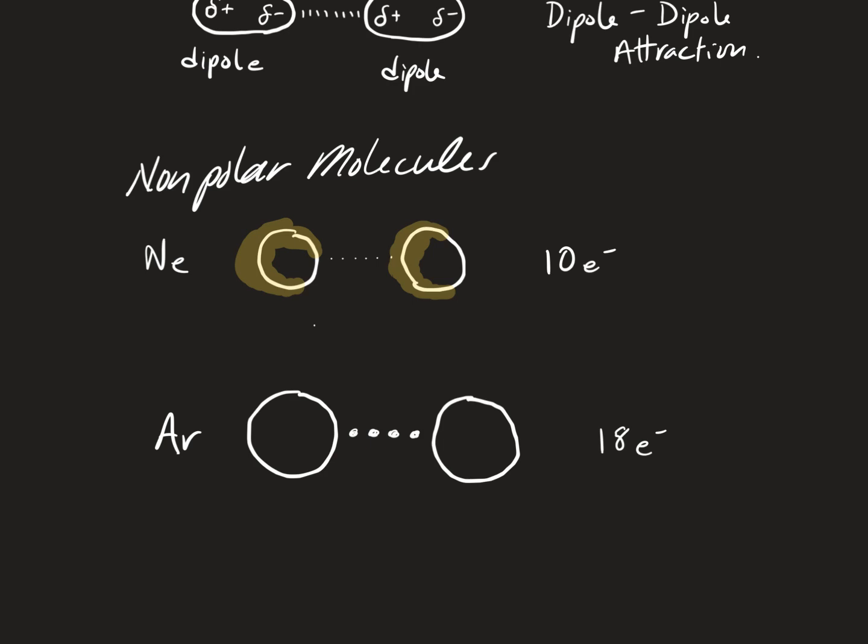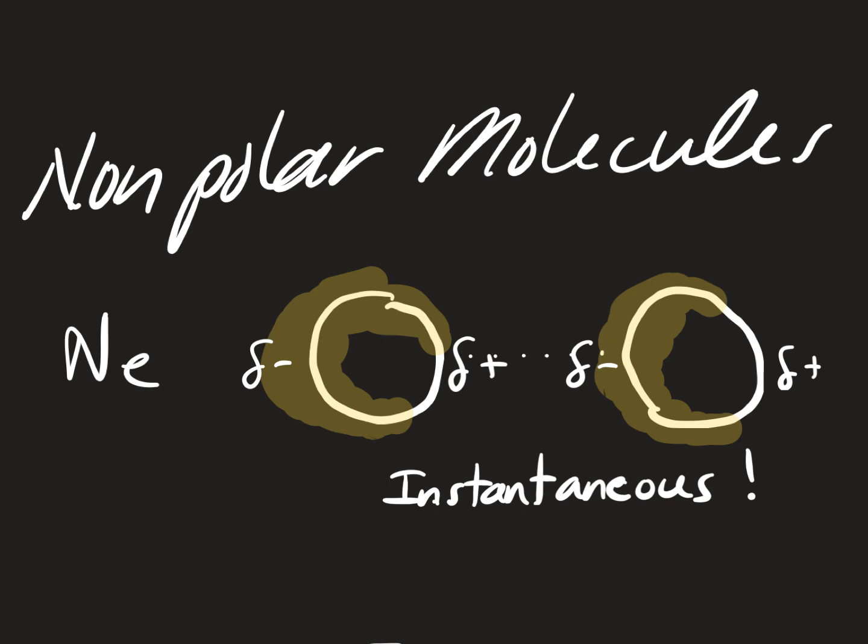It's here and it's gone. All right, so I'm drawing this instantaneous happening in both atoms, where a positive side is developed and a negative side is developed, and in that instant, there is an attraction, okay?